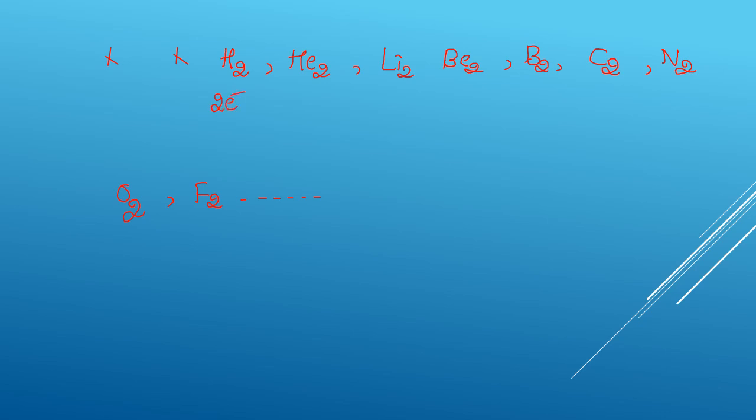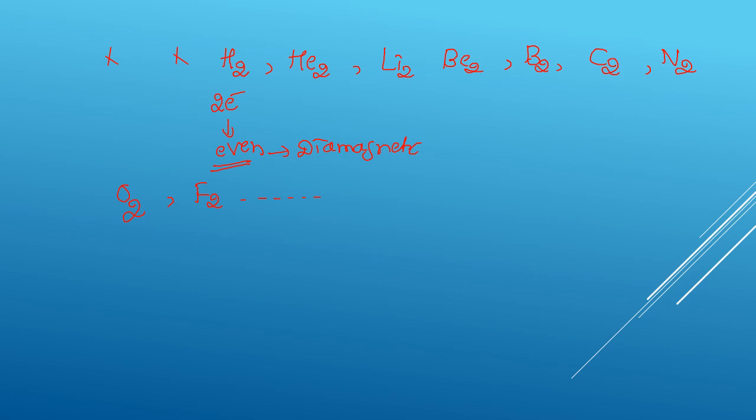There are 2 electrons. If the total number of electrons is an even number, then please note the molecule is diamagnetic. If the total number of electrons is found to be an odd number, then the given molecule is paramagnetic.